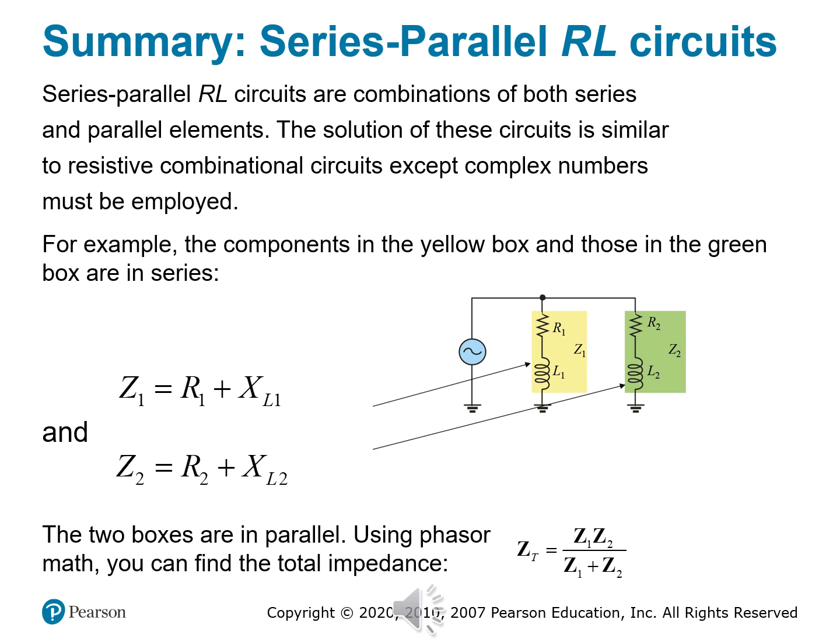Just remember this though: solve each series branch as a complex impedance, treat those branches as parallel loads, and then use your phasor math toolbox that we discussed. Z is equal to the square root of R squared plus X squared, and then you can find the angle the same way. Theta is equal to inverse tangent of X over R, but don't forget to bring your calculator's complex mode into play.